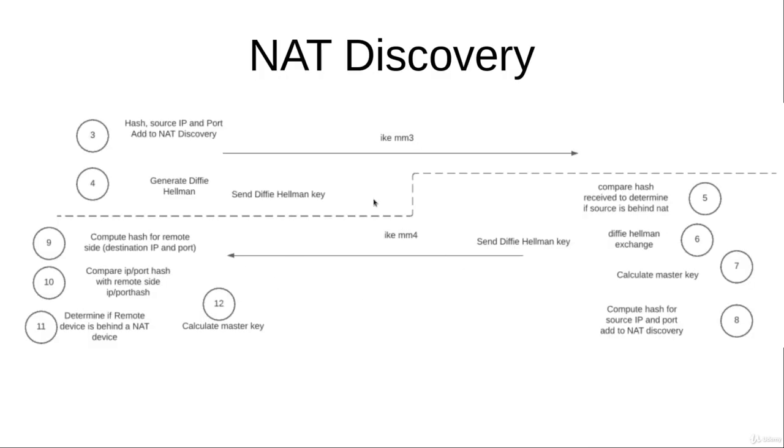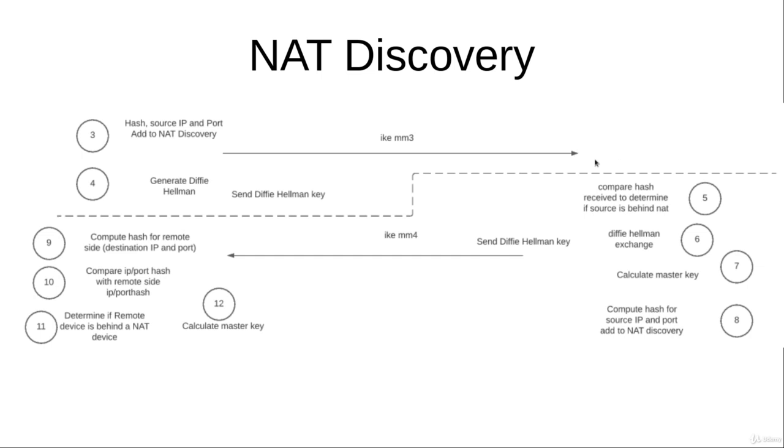Let's review message 3 and message 4 again in more detail. Step 3 is the initiator calculating its hash. The initiator will do what it normally does as part of this step, which is create its Diffie-Hellman key. This is step 4 in this diagram. It sends the NAT discovery hashes along with its Diffie-Hellman keys in message 3.